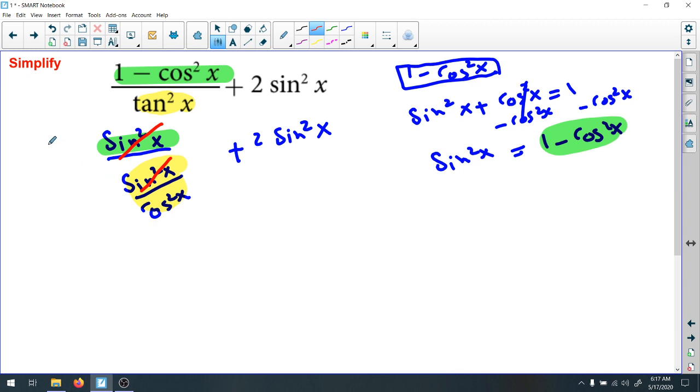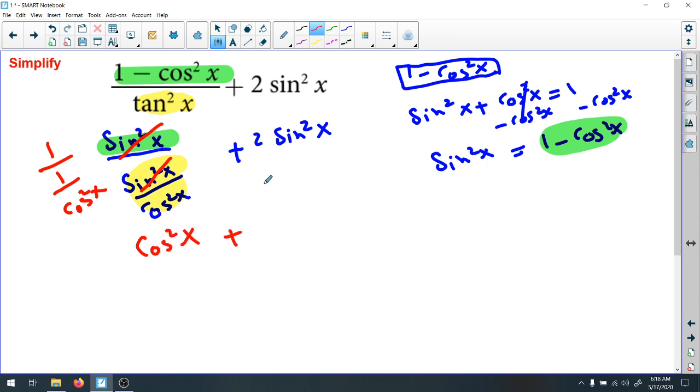So it will be 1 over 1 over cosine square, just reciprocal. Remember, 1 over 1/2 is 2. 1 over 1/3 equals 3. So the reciprocal of 1 over cosine square is cosine square. So the whole thing here will be cosine square x.